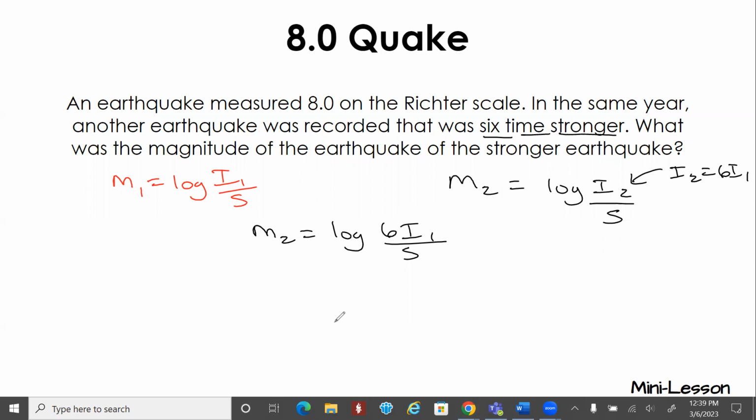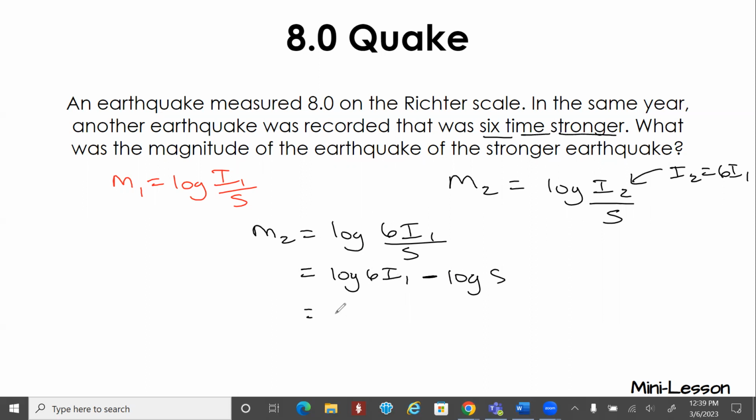Okay, this is the part that I want you to actually understand. If you have division here, you can also write this out as subtraction. So we're going to have log of 6 I sub 1 minus log of S. And since we have multiplication right here, we can actually write this out as an addition problem.